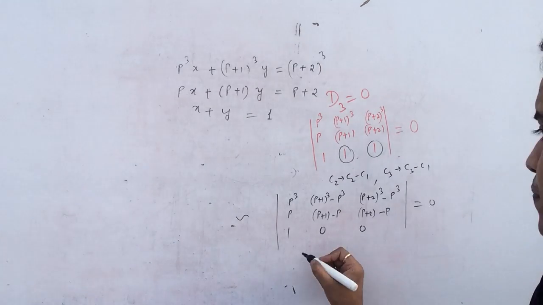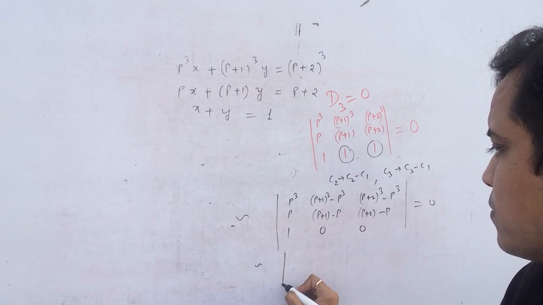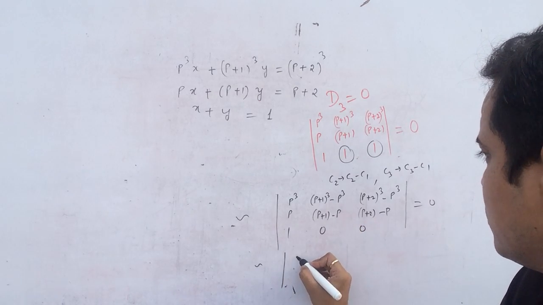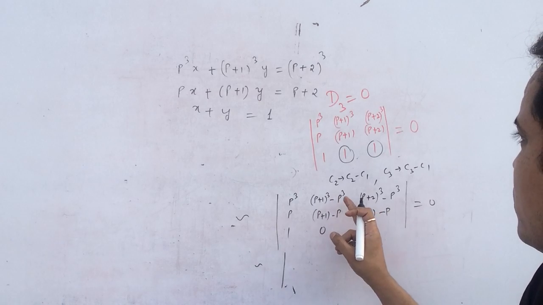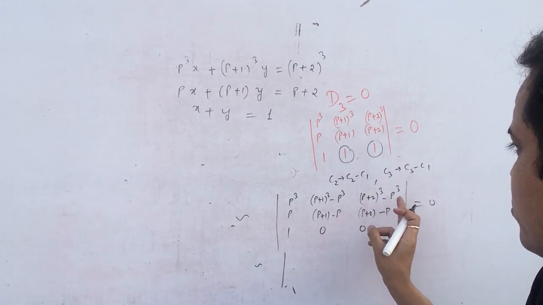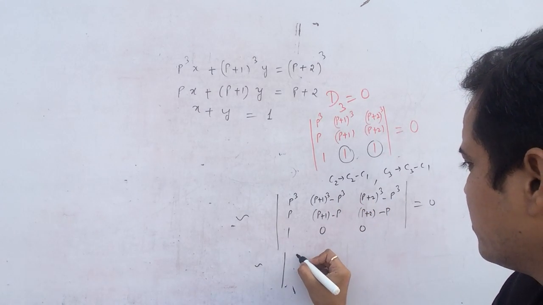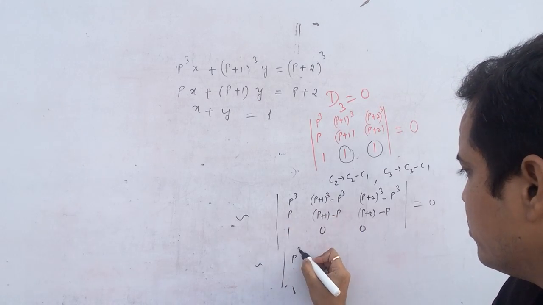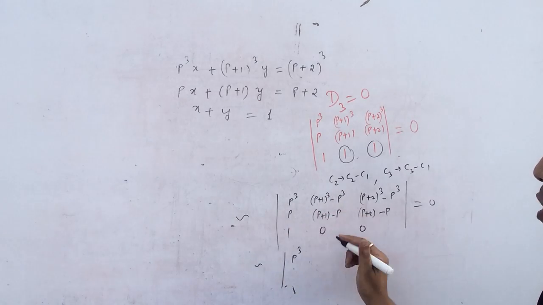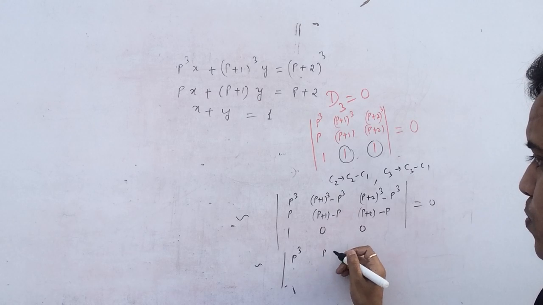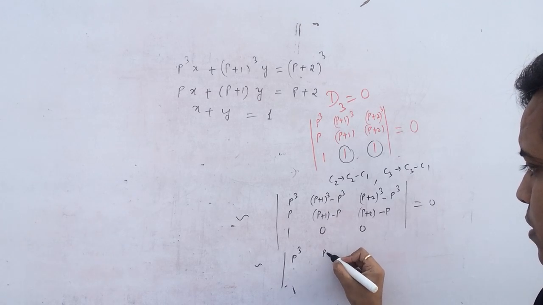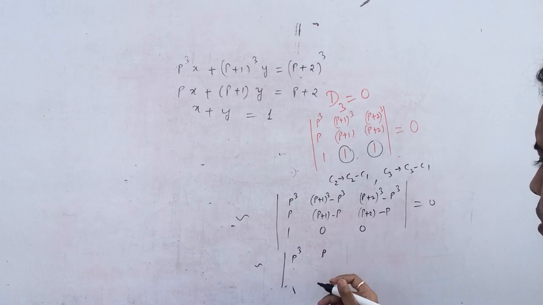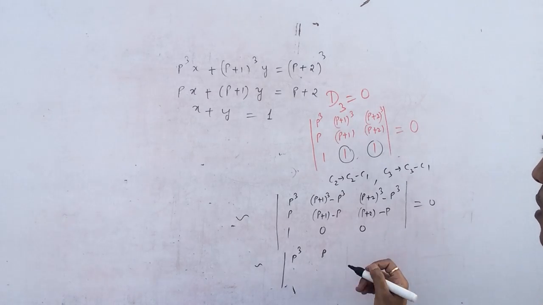Now what would you do? Yes, it is visible. Solve it: a cube minus b cube, with a minus b. Now it is very easy, you can easily solve this.